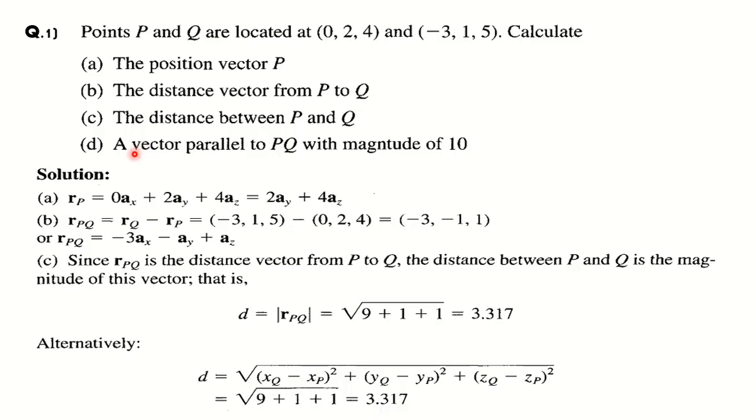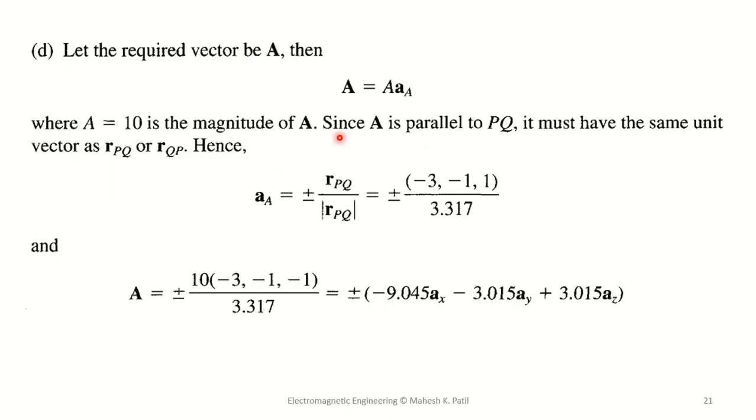Now the next sub question is to find a vector parallel to PQ having magnitude 10. For this, you consider vector A as capital A along unit vector a. This capital A means the magnitude is given, it is 10. Since A is parallel to PQ, that vector is along the PQ direction. Therefore, unit vector a is equal to vector PQ divided by magnitude of vector PQ.